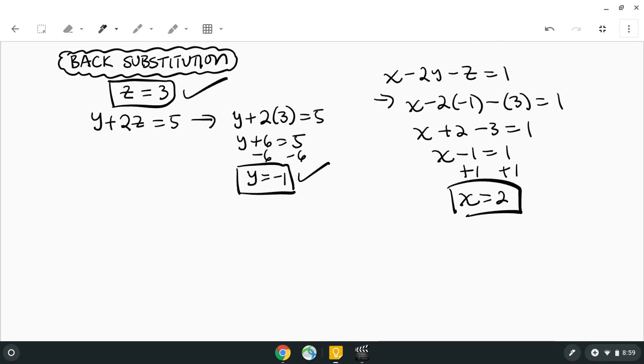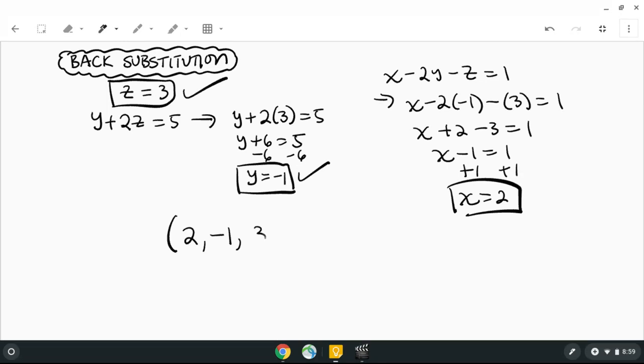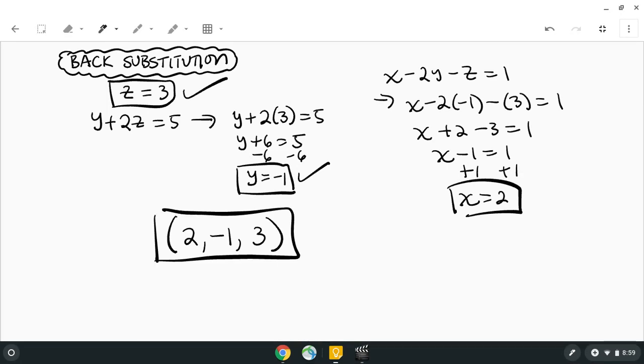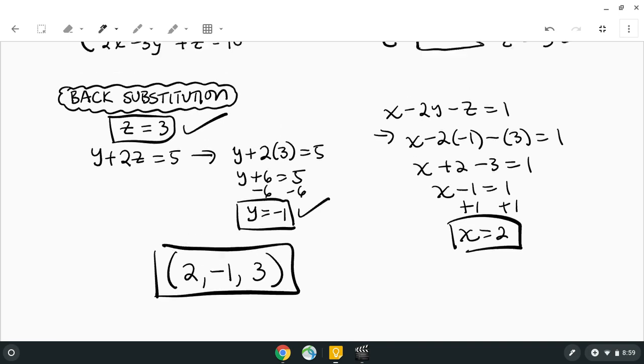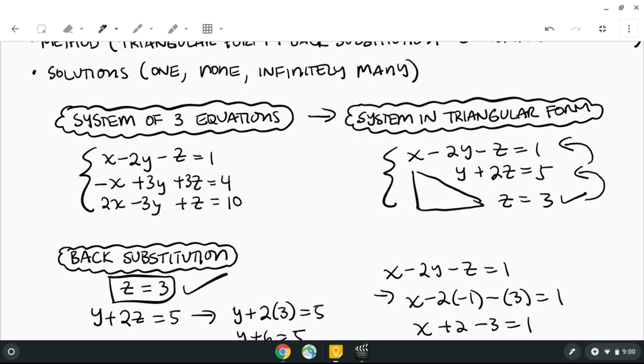Just like in the previous section where you wrote your answer as a point (x, y), now you write your answer as a three-dimensional point (x, y, z). You're going to be using back substitution once you get your system in triangular form.